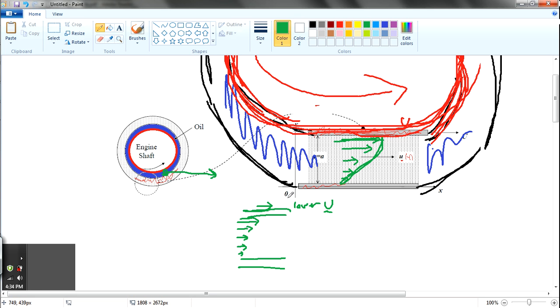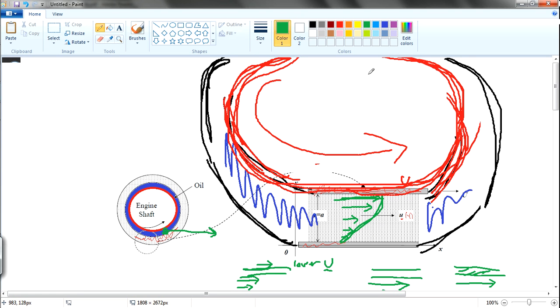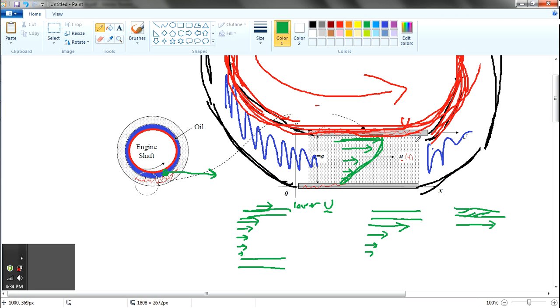And when it starts to spin faster and faster, the velocity over here starts to get faster. And when this shaft is spinning at a constant speed, spinning constantly with no changes, that is a steady state.